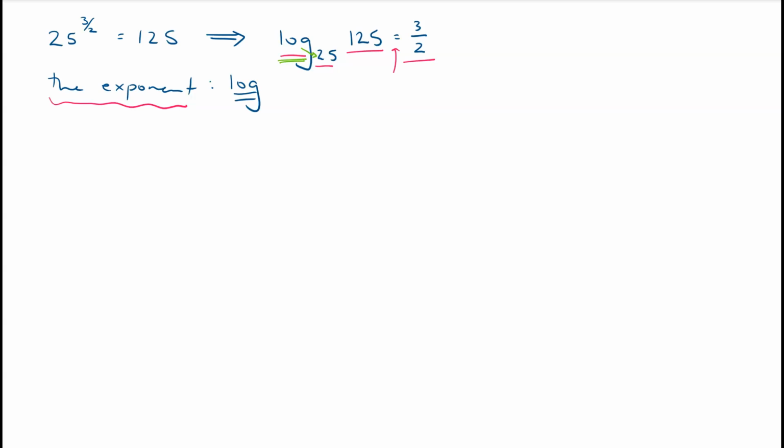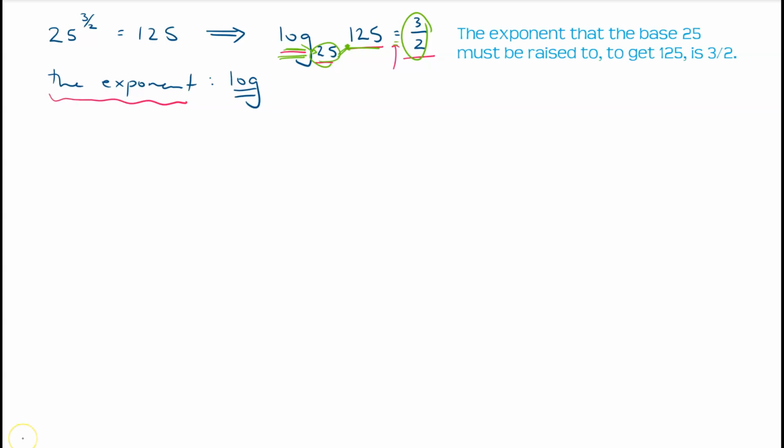The exponent that the base 25 must be raised to get 125 is 3/2. I'll read that one more time. The exponent that the base 25 must be raised to get 125 is 3/2.